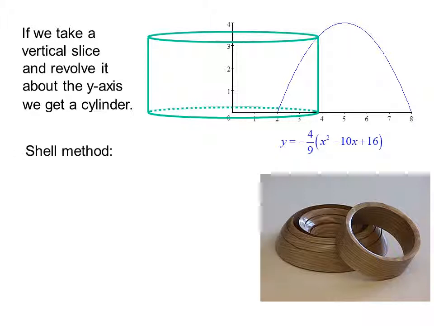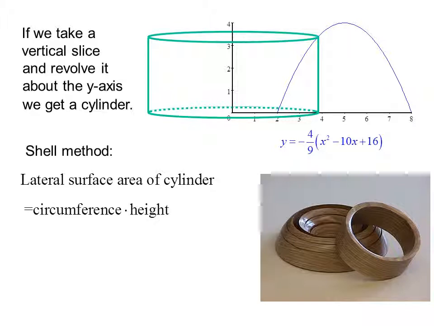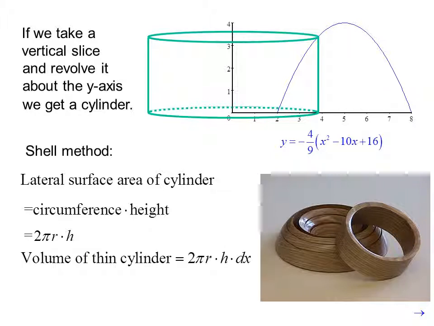Using the shell method, the lateral surface area of the cylinder is equal to the circumference times the height. So we have 2 pi r times h. The volume of a thin cylinder then is 2 pi r times h times dx.